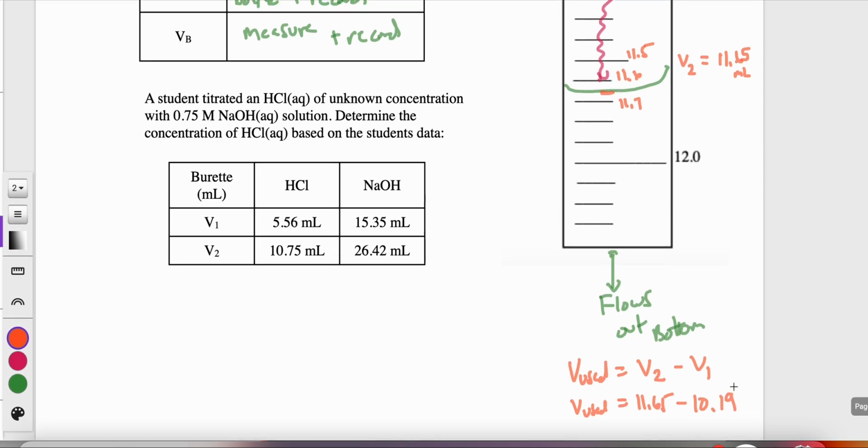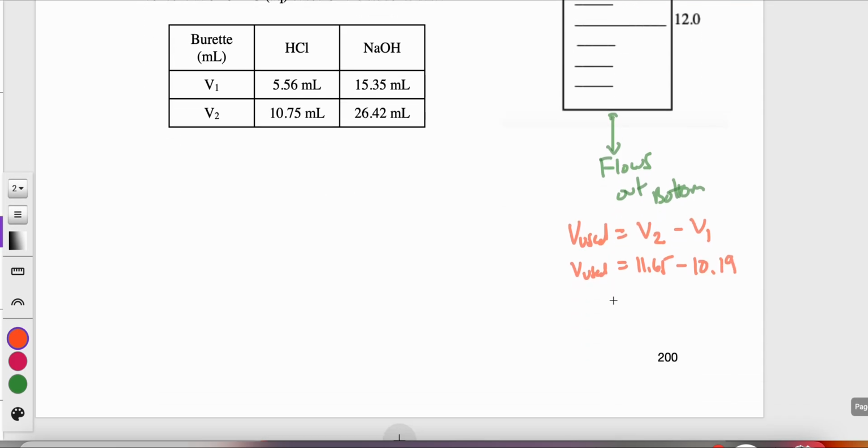And so the difference between those is the amount of acid or base, or whatever I had in there, whatever I allowed to flow out and collect. So calculate this: 11.65 minus 10.19. And so the volume I used was 1.46 milliliters.